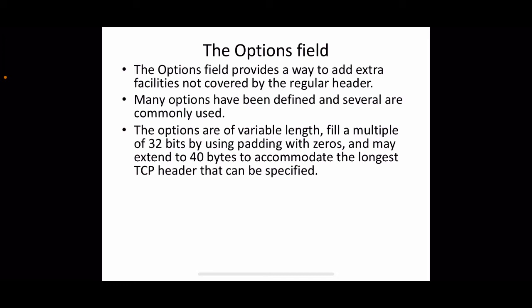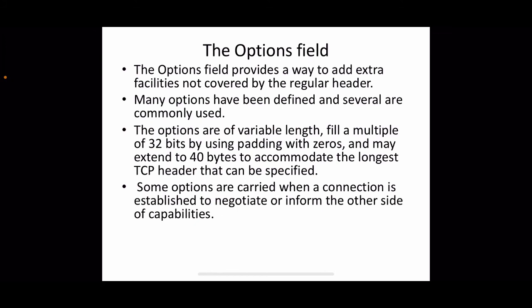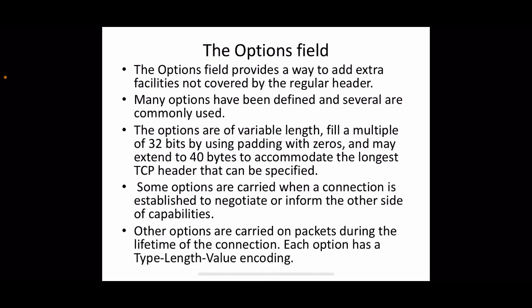So even if half of a 32-bit word is used, the remaining half will be filled with zeros, and the options may extend to 40 bytes. Up to 40 bytes can be there in the option part to accommodate the longest TCP header. Some options are carried when a connection is established to negotiate between the sender and receiver. Some other options are used throughout the communication.